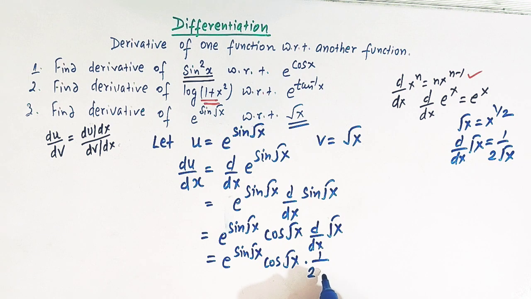So here we have e^(sin √x) cos √x times 1 over 2√x.